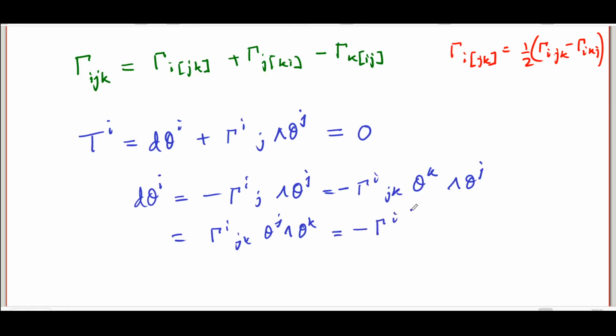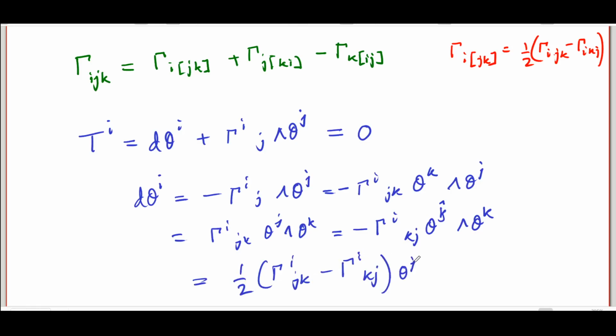And what you can see is this is going to be given by θ^j wedge θ^k. This is simply a case where I've interchanged the nomenclature for j and k, that is called jk and kj, and then also swapped the θ^k wedge θ^j back to θ^j wedge θ^k to get a minus sign. And therefore, this is the same as half of γ_ijk minus γ_ikj, θ^j wedge θ^k, or as we have just defined, γ_ijk θ^j wedge θ^k.